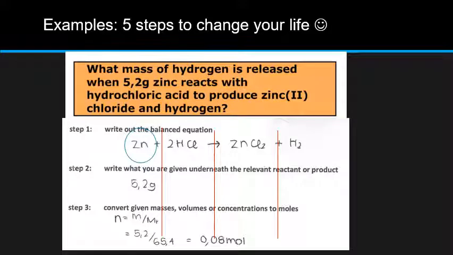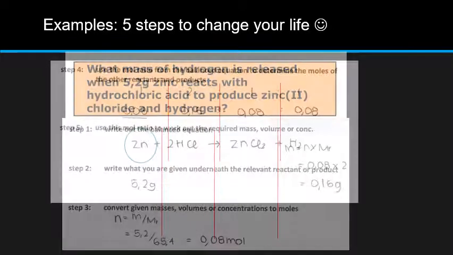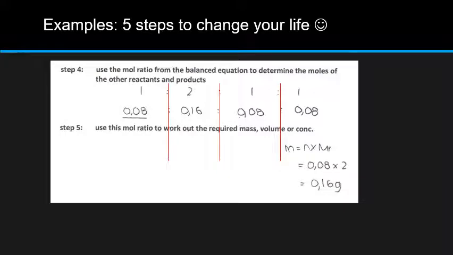All right. Now we're gonna carry on with step 4 and 5. Step 4, you're gonna use that mole value from your zinc. You know that the coefficient there is 1 to work out the mole values for the other reactants and products.